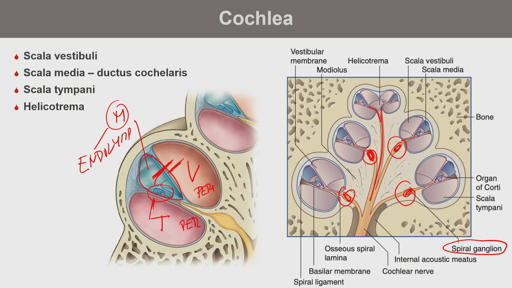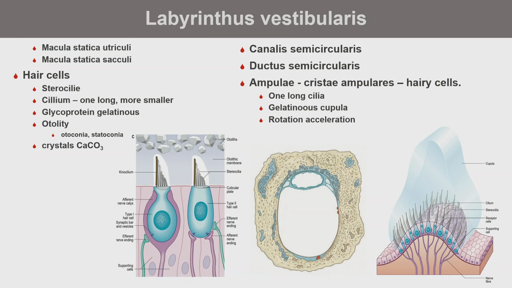There the information is relayed, and then it goes outside to the cochlear nerve, which is one part of the vestibulocochlear nerve. Please remember that we have a ganglion spirale when we had cranial nerves.